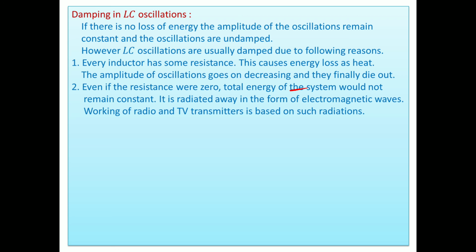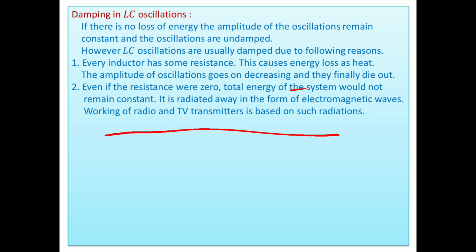Even if the resistance were zero, the total energy of the system would not remain constant. That means another way is also there. Even under ideal conditions, where the inductor is made up of a superconductor with zero resistance, some part of the energy is radiated in the form of electromagnetic waves. The working of radio and TV transmitters is based on such radiation.